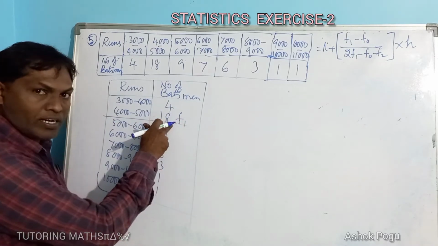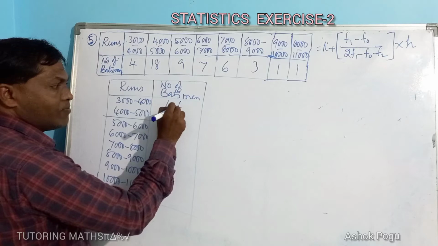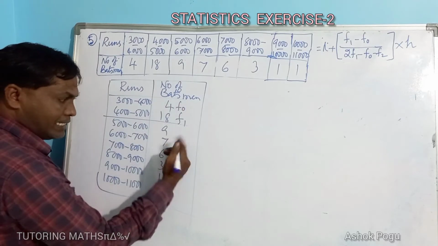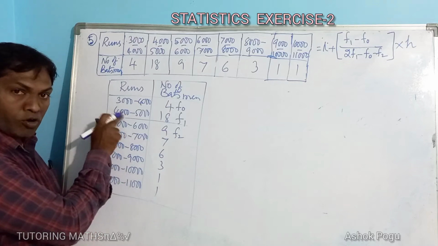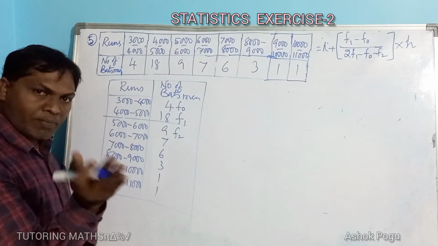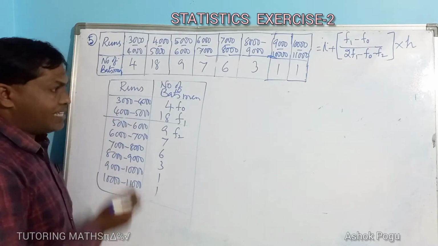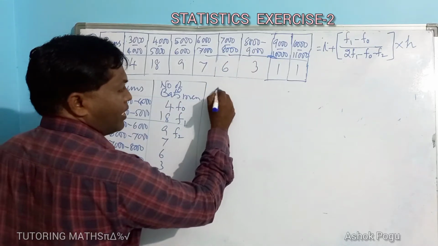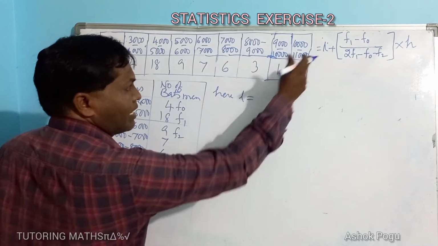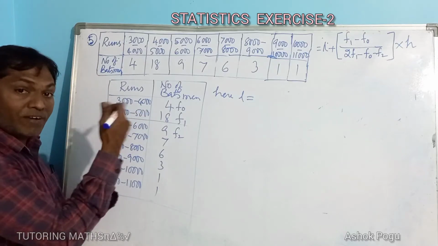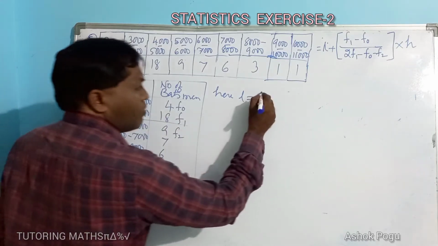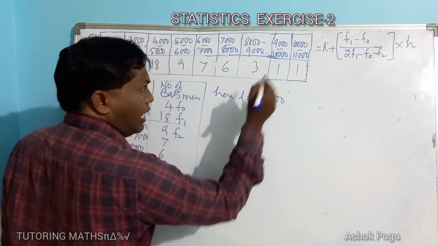First of all, select the modal class, the highest frequency class. This is F1. The preceding class frequency is F0. The succeeding is F2. And this is the lower boundary, that is nothing but the lower limit of the modal class. Coming to the formula, what is L? Lower boundary is 4,000, the modal class left limit.